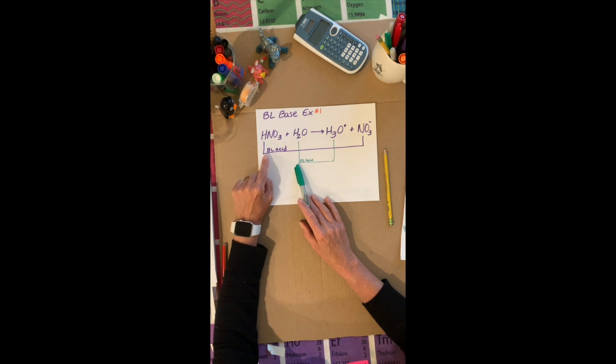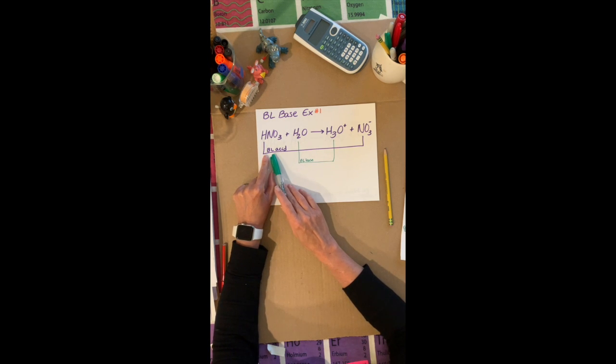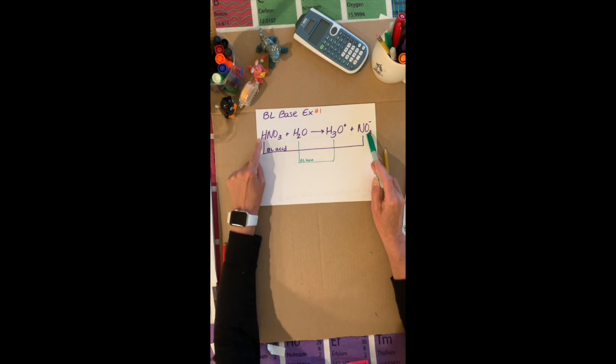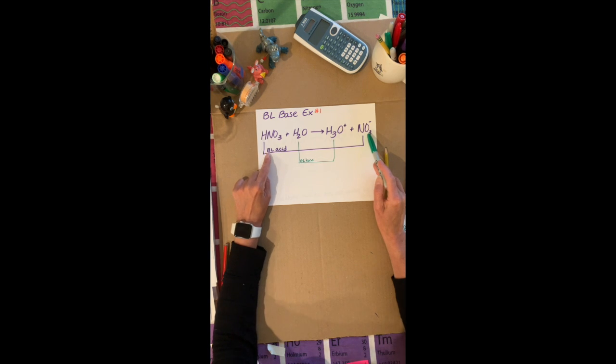This nitric acid is considered a Bronsted-Lowry acid, as mentioned earlier. Why? Because when it changes from this species to this species, it had to donate that hydrogen ion to become just the nitrate. It donated that hydrogen ion.